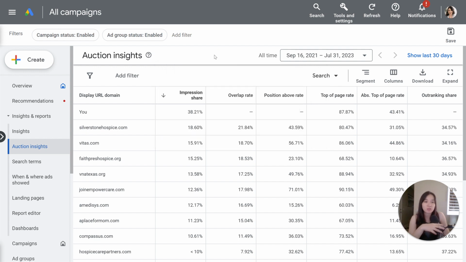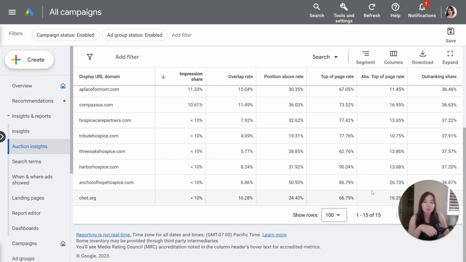So over this time frame of all time, we are leading the Auction Insights report. In terms of our impression share, we've got a 38% impression share in the area that we're targeting versus the other competitors that are trailing behind at 18 and below.